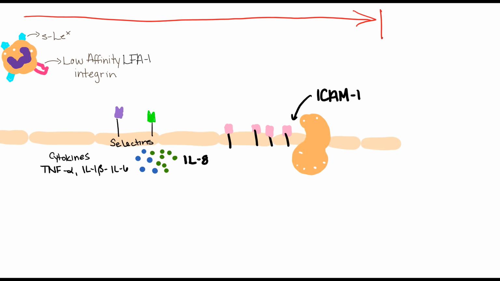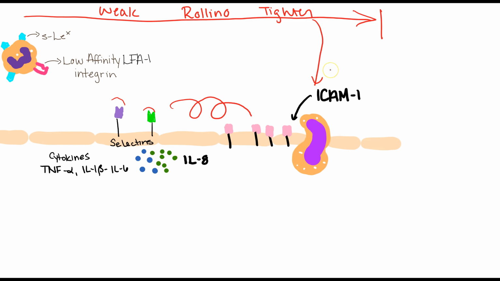So they have a weak interaction first, and that weak interaction is going to lead to rolling. So first it stops along here and makes some sort of weak interaction. Then the cell will roll along until it reaches a tighter binding or a more stable binding. And then at that point, it's able to extravasate across the endothelial barrier, as is shown here.